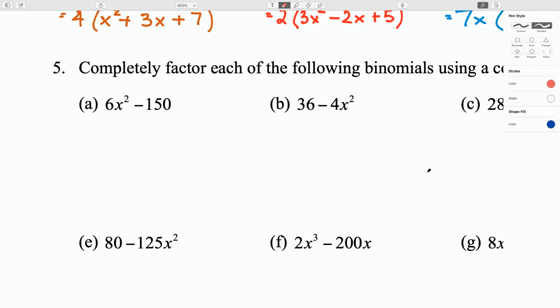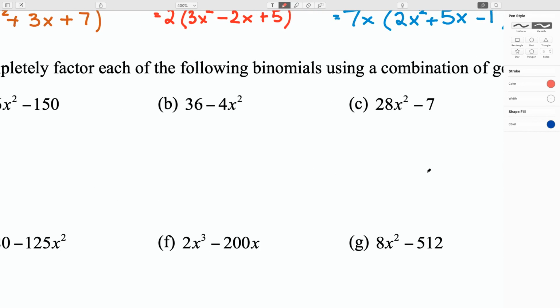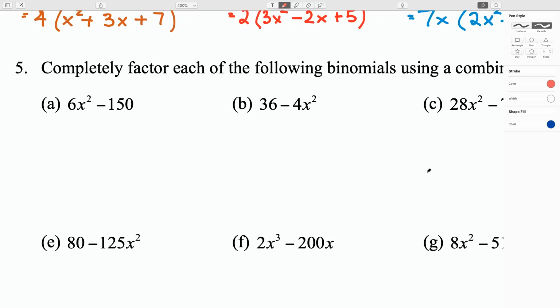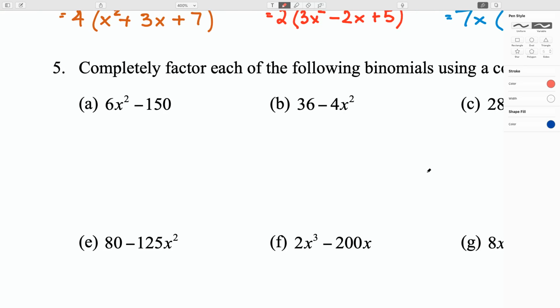Completely factor each of the following binomials using a combination of GCF factoring and conjugate pairs. So let's use the GCF method first. What can go into both 6x squared and negative 150? 6. So we're going to write our GCF is 6.